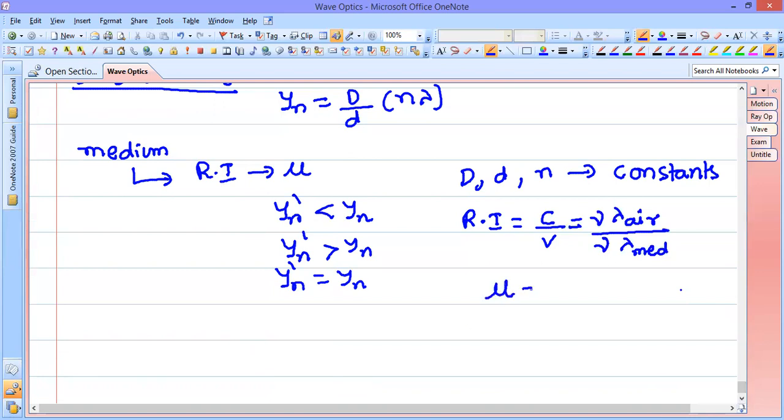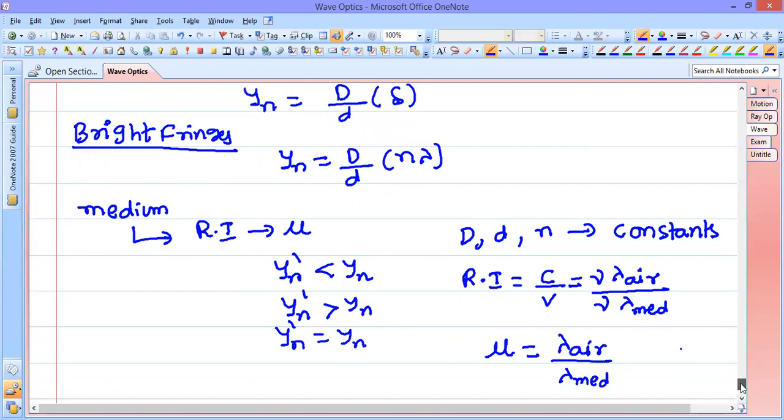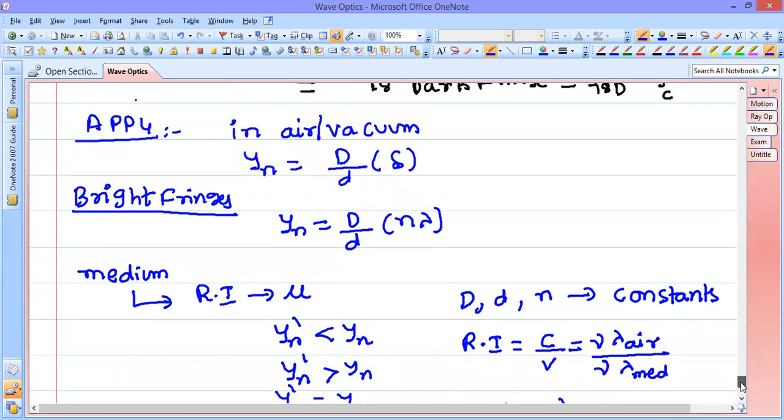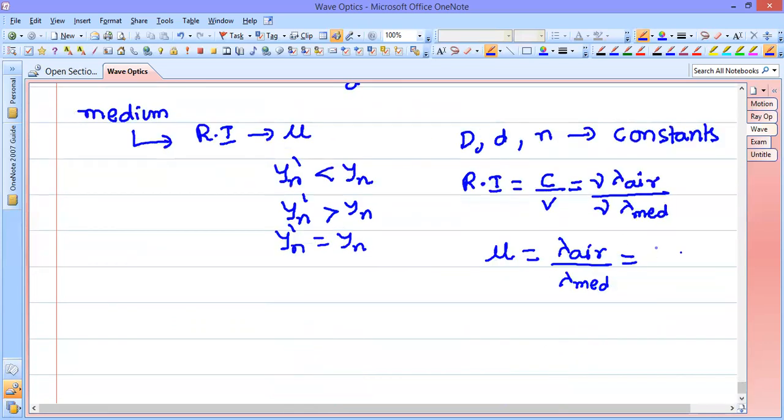Lambda air means the wavelength of the light wave when I perform the experiment in air, which is lambda. The wavelength in the medium I'll consider as lambda dash. So the wavelength of the light wave in the medium will be lambda by mu.